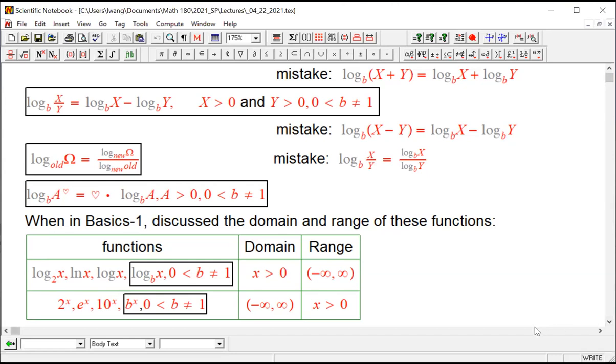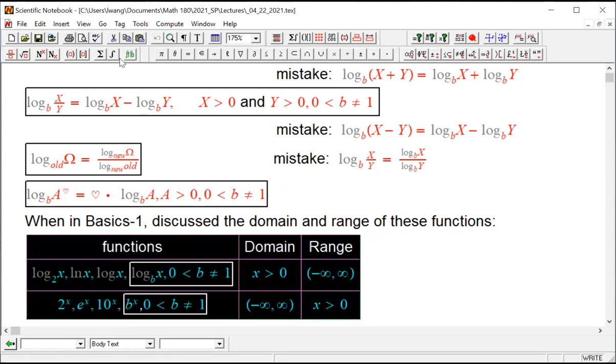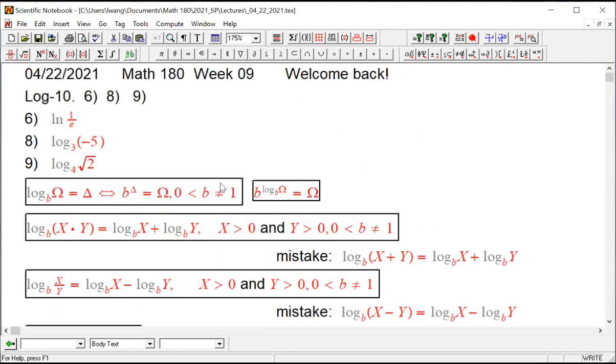Okay, number 6. What's the answer to number 6? -1. Very good, very good. Okay, so you haven't forgotten. We have done these, right? Domain and range, I just went over it, right?